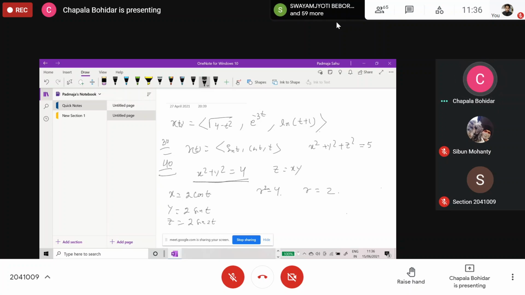So what do you write for r(t) in terms of this parameter? 2 cos t i, 2 sin t j, then 2 sin 2t k. Yes, that I can write. Okay, now we are clear.